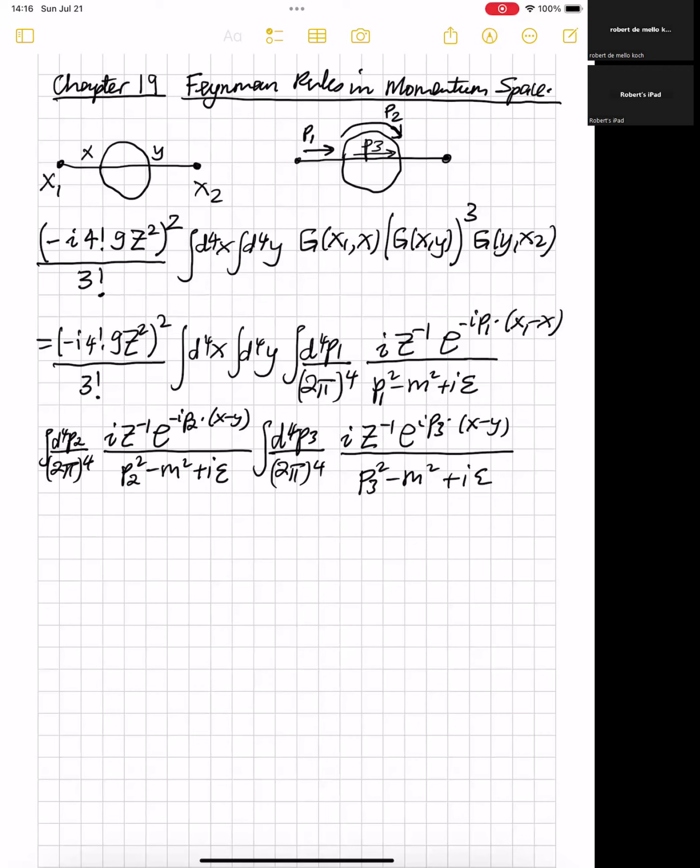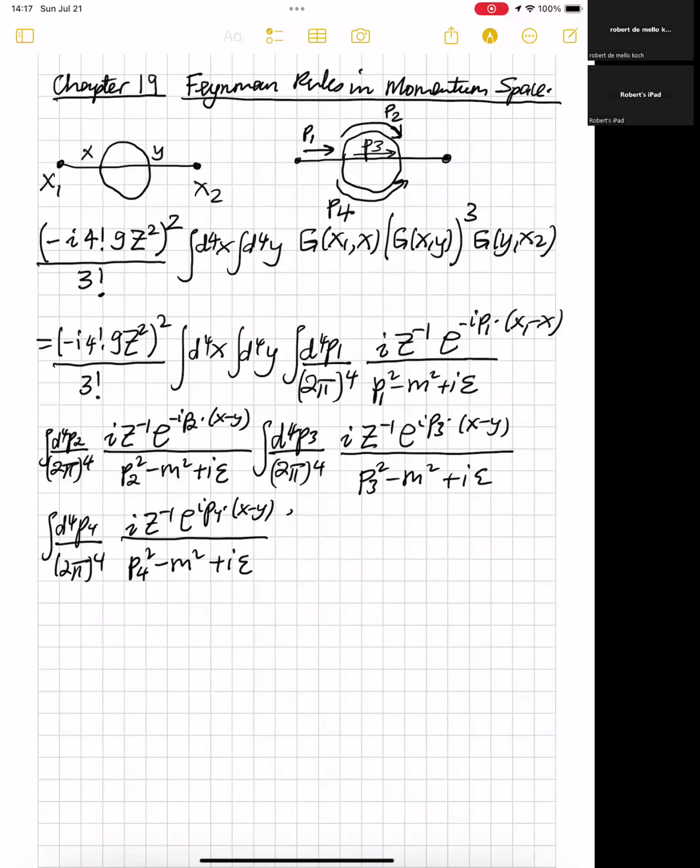And then we've got one more propagator, an integral d4 P4 over (2π)^4. Again, i z to the minus 1 e to the i P4 dotted into (x minus y) over P4 squared minus m squared plus i epsilon. So now we've assigned a momentum P4 to this last line going between x and y.